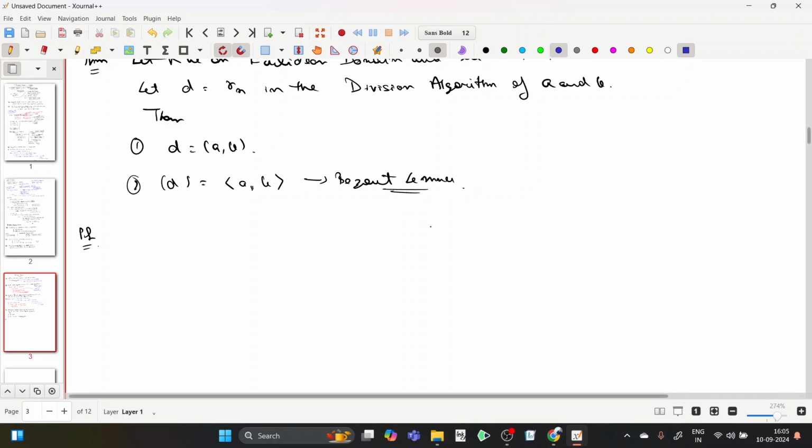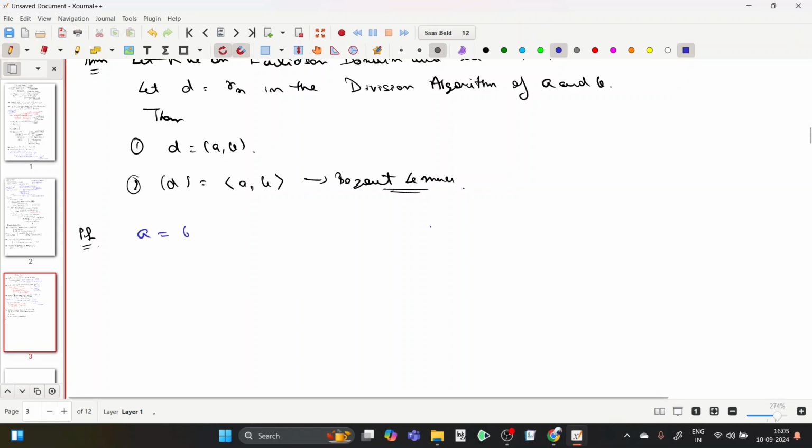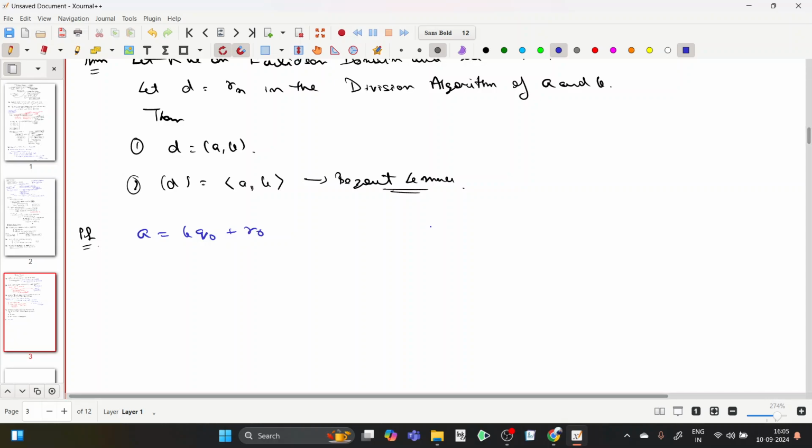So let me just first recall what the Euclid's division algorithm was, as presented. A was equal to B times Q0 plus R0. Then we divided B by R0, so it was R0 times Q1 plus R1.